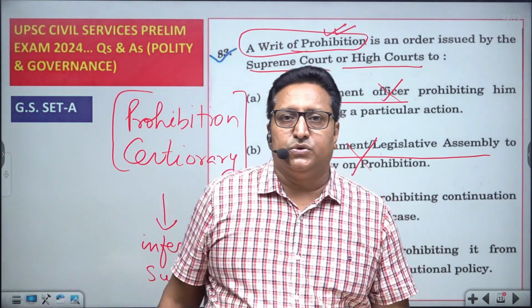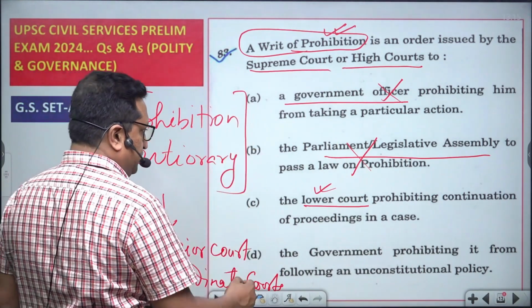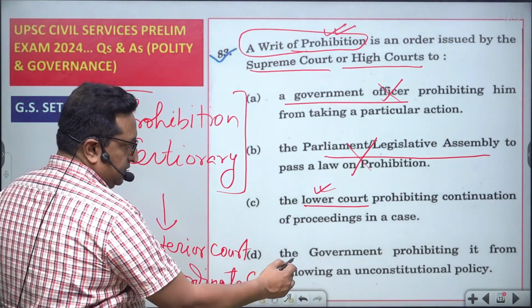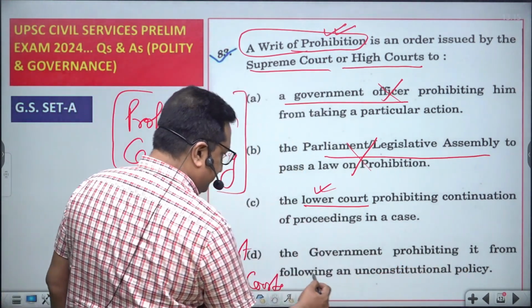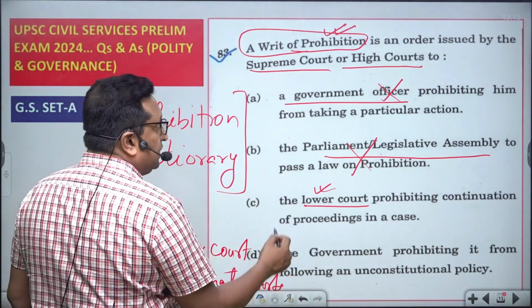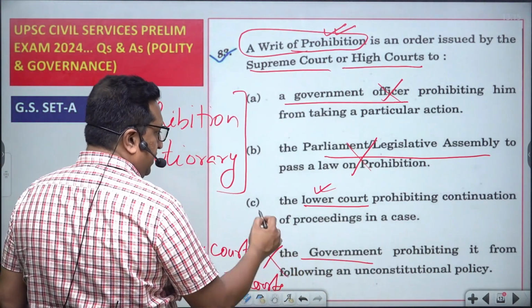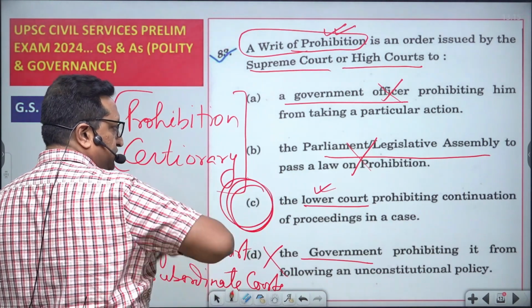So this is the purpose of the writ of prohibition. And the next, the government prohibiting it from following the unconstitutional policy. No, this writ cannot be issued to the government, right? So this is also wrong. So the right answer is C.